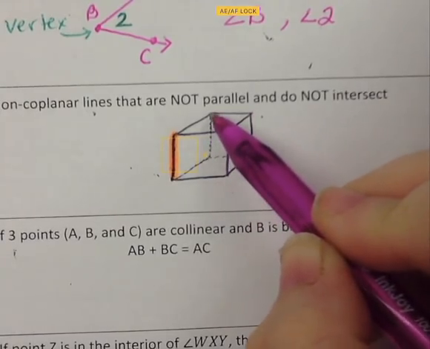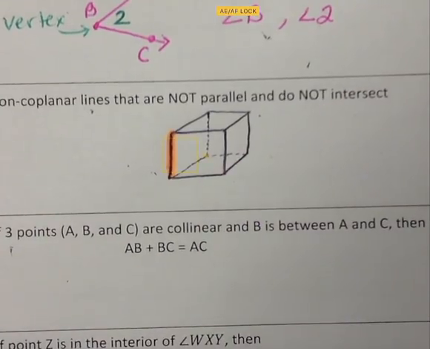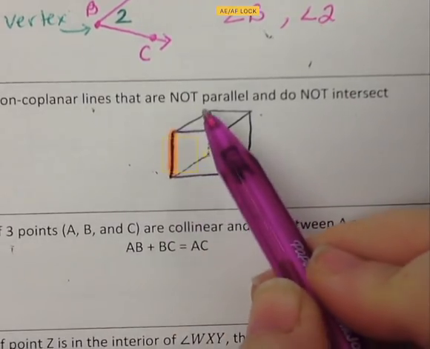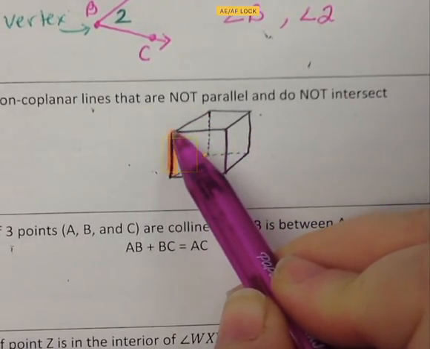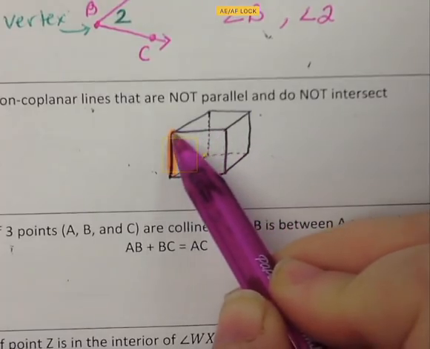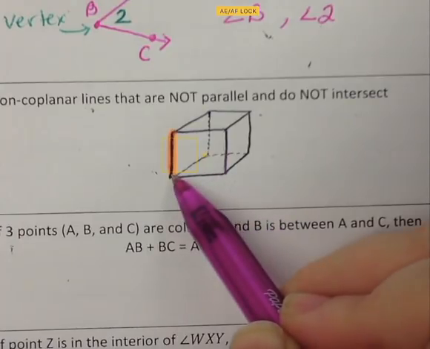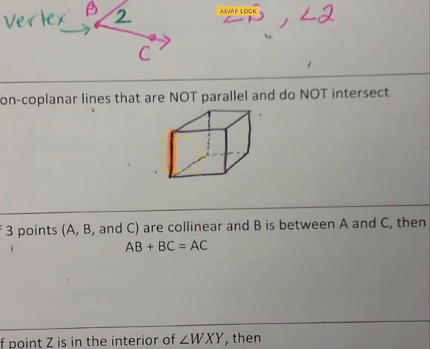And I cannot pick this line. So all three of those lines are gone. It also cannot intersect. That means I cannot pick this line because it'll touch the orange, this line because it touches the orange, this line, or this line. So we only have a few that are left.